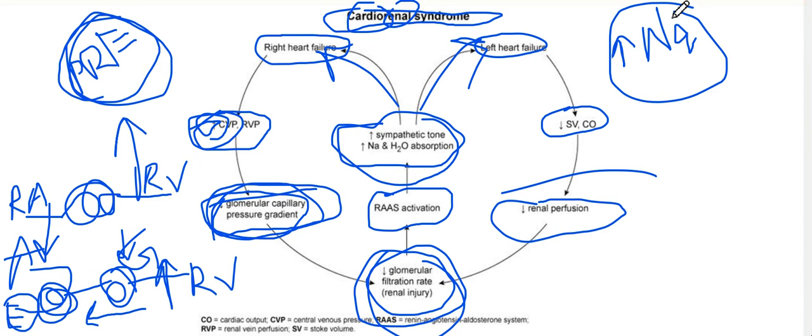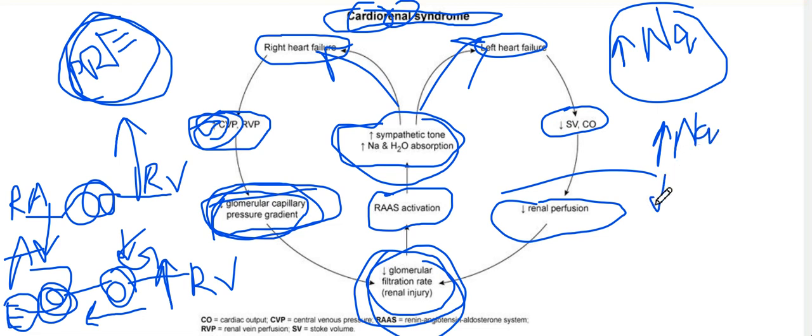So we can differentiate it from the other forms of pre-renal, renal and post-renal failure by checking the urinary sodium concentration. So in this there is increased reabsorption of sodium, and with the reabsorption of sodium there is increased water reabsorption, and with water reabsorption there is increased blood urea nitrogen reabsorption.